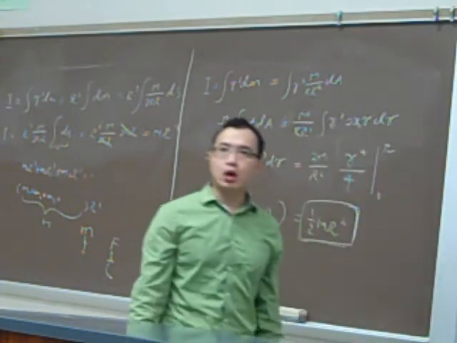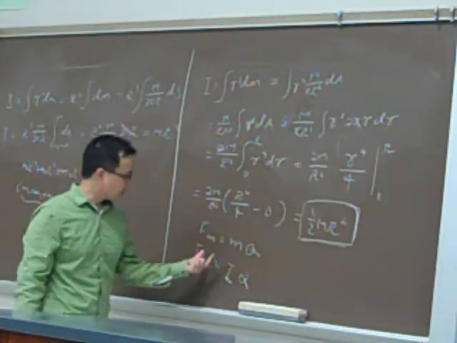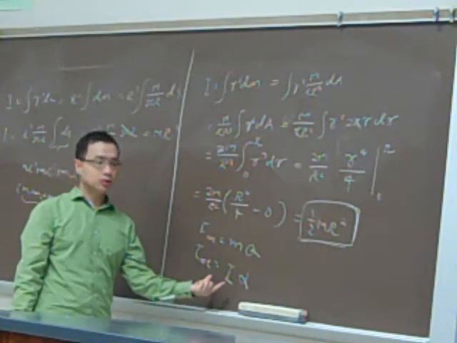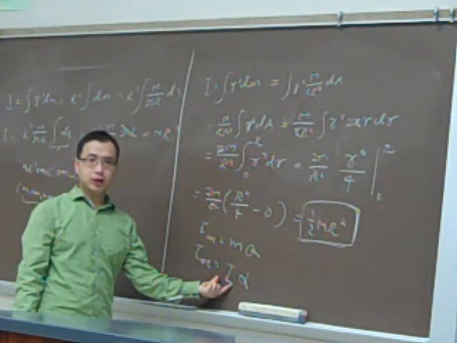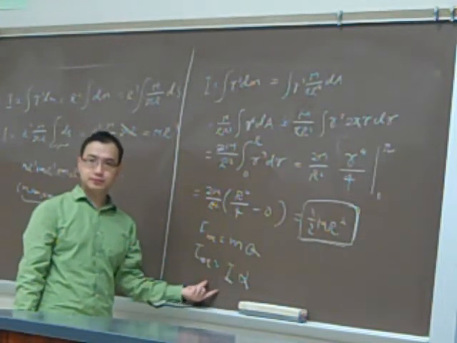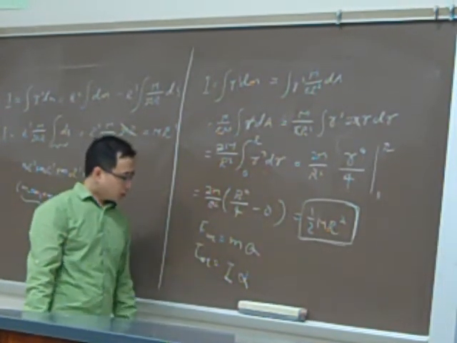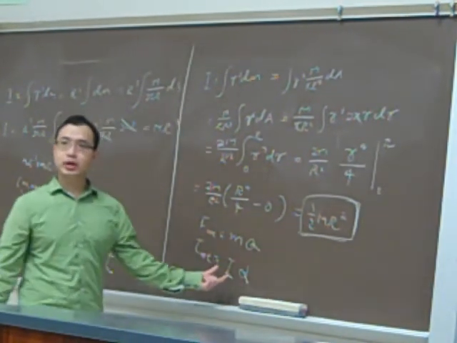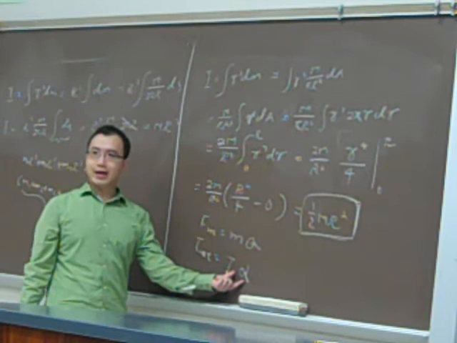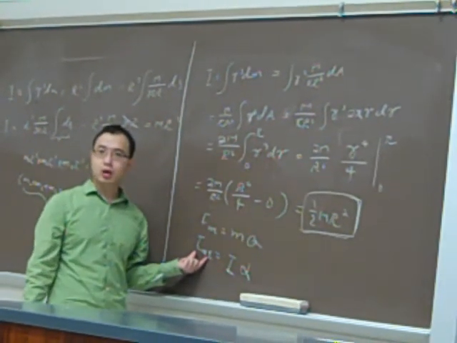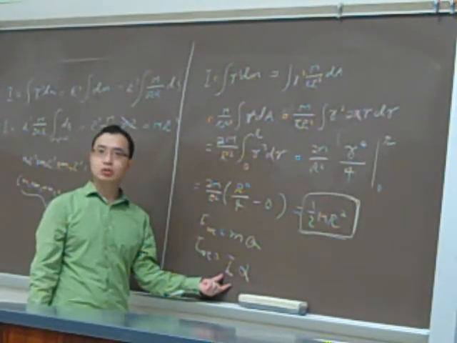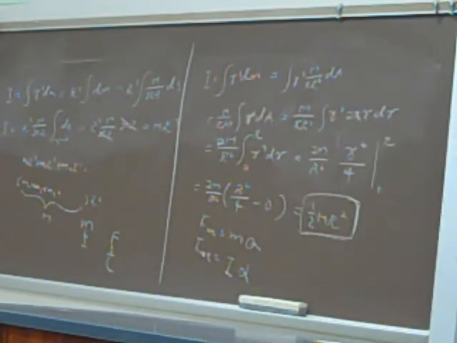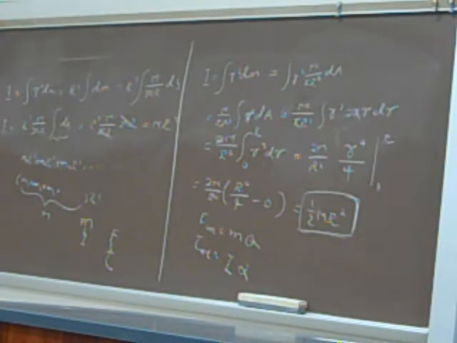And the effect of the torque is also affected by the rotational inertia of the object. In other words, the angular acceleration is proportional to the torque and inversely proportional to the rotational inertia.